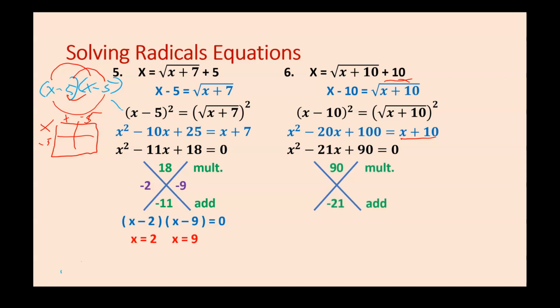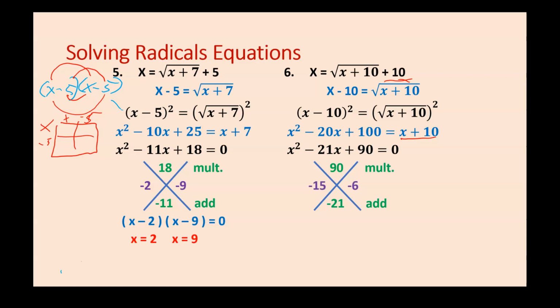Remember, we want two numbers that multiply to 90 and add to a negative 21.